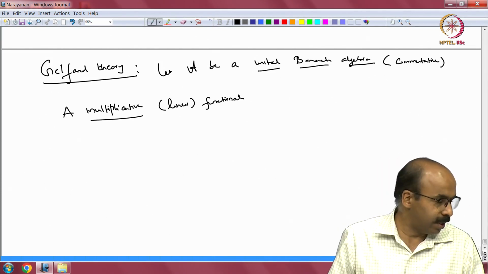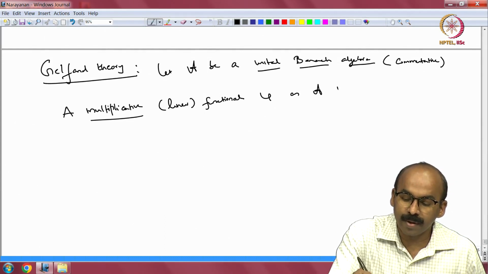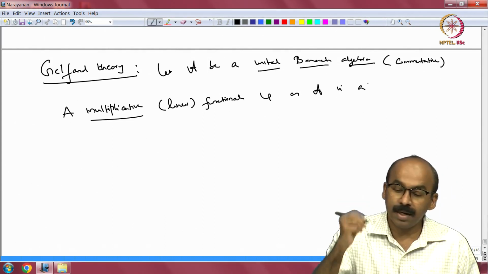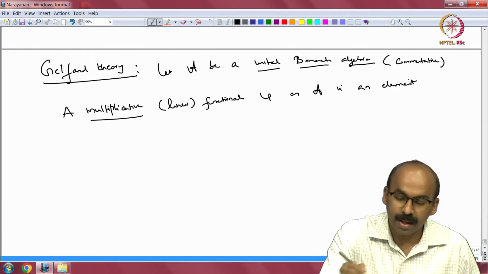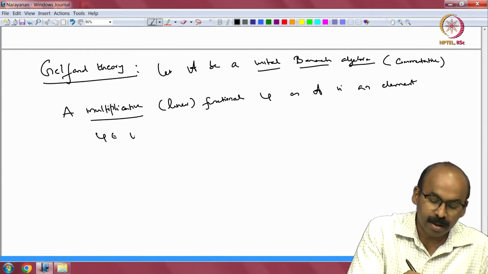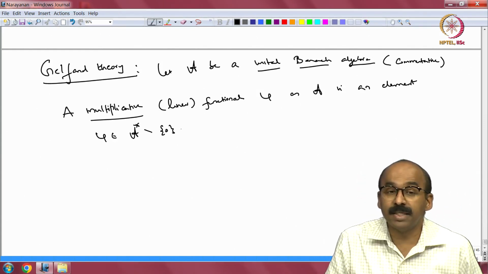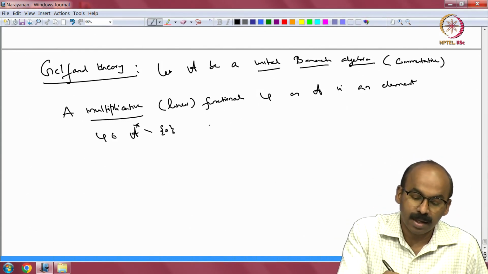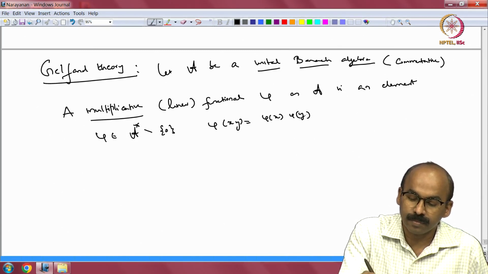A multiplicative linear functional, let us say phi on A, is an element phi in A star minus 0. So, it is a non-zero linear functional which is multiplicative, that is phi of xy is equal to phi x into phi y.